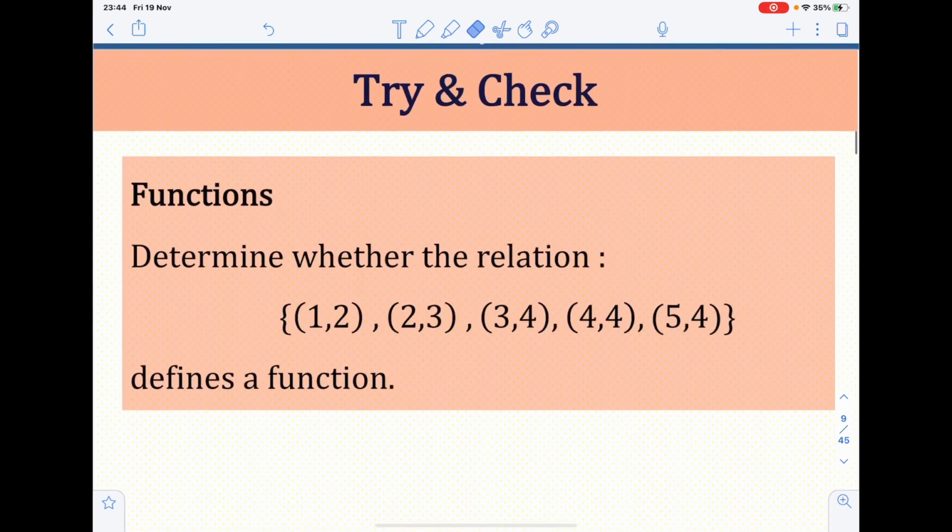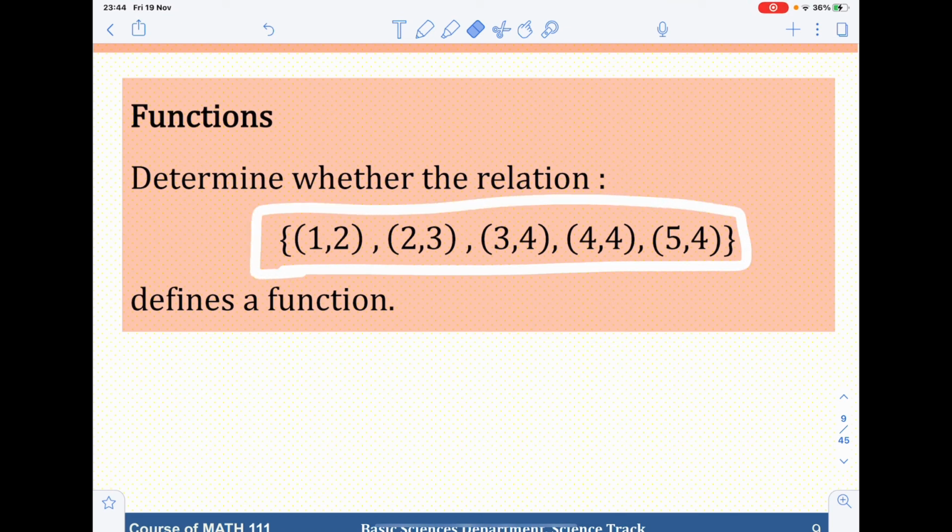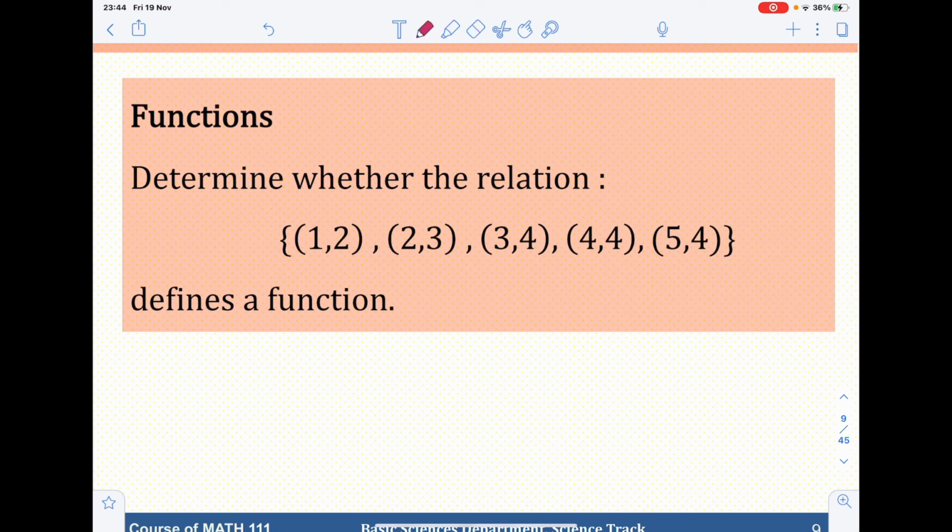Okay, so let's try these relations. We have this relation, and we want to decide whether it is a function or not. As I said, we just notice the first component.